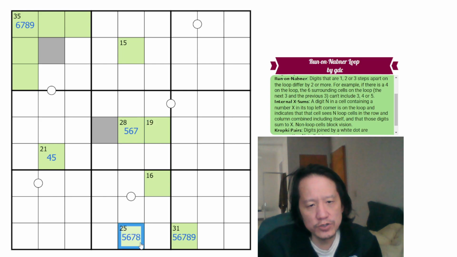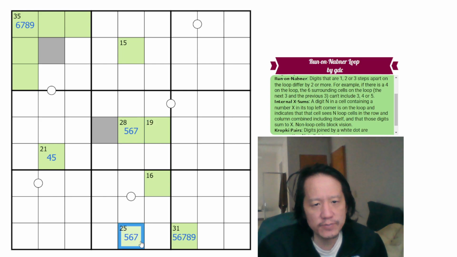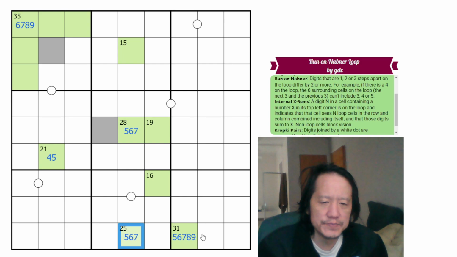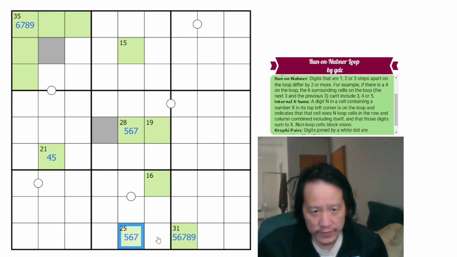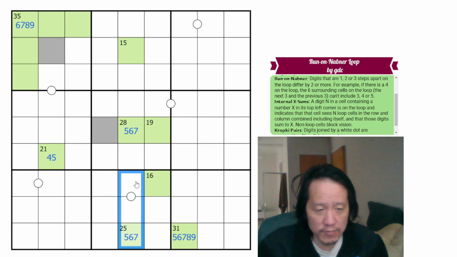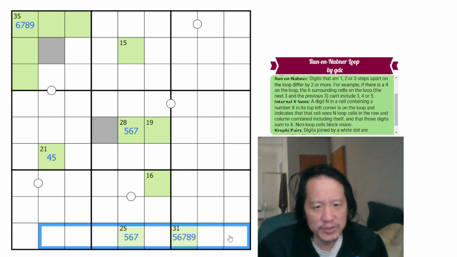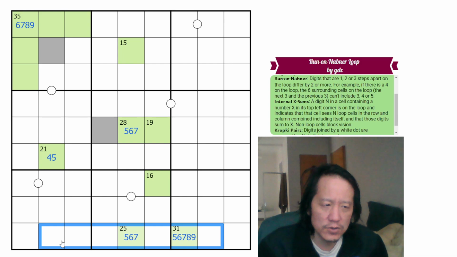So this could be 7, actually, same way, right? Except that, well, if this were 7, it can't go across this way, right? So it would actually just have to be 7 across here, which doesn't work.